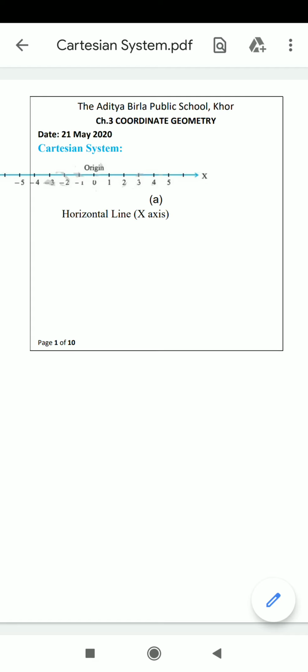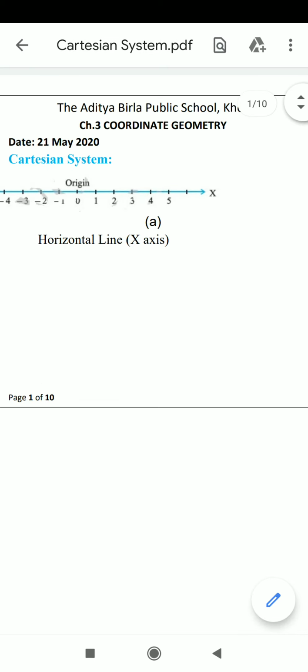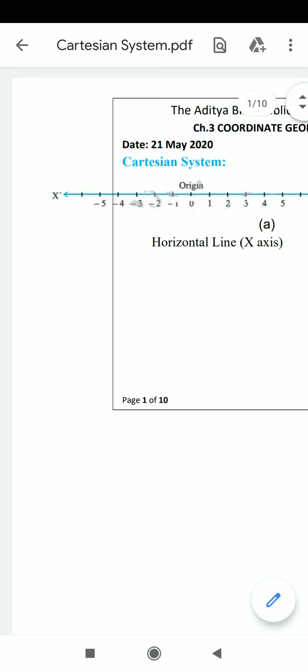In the Cartesian system we have to draw some lines and make some basic rules. First, we have to draw on a plane the horizontal line, that is known as the x-axis. This is simply the number line you have used to represent any number.